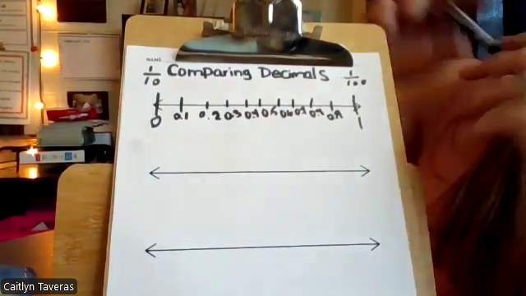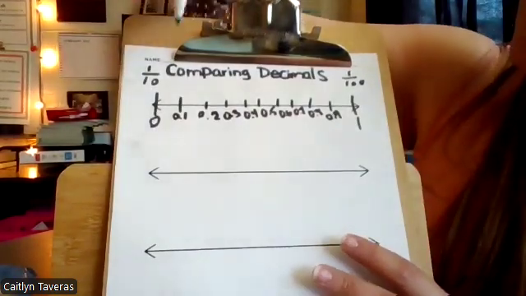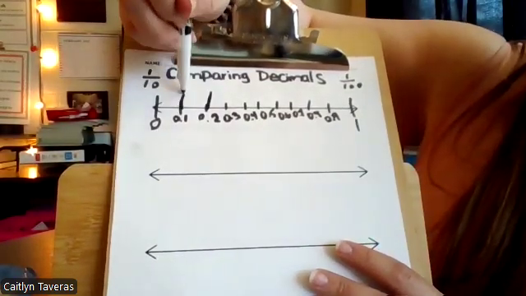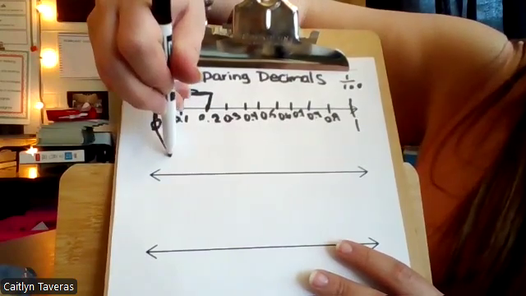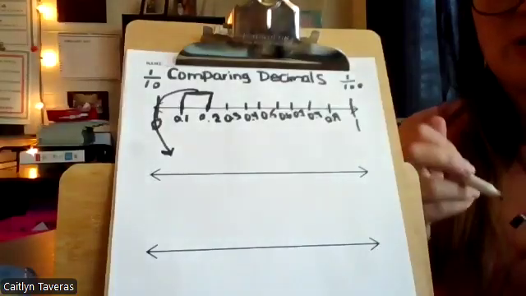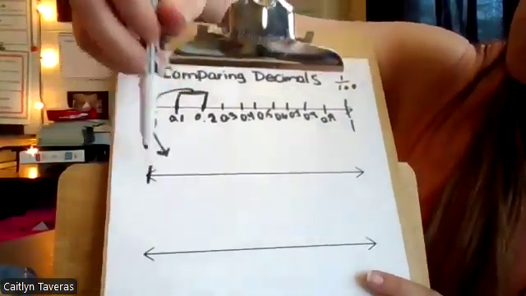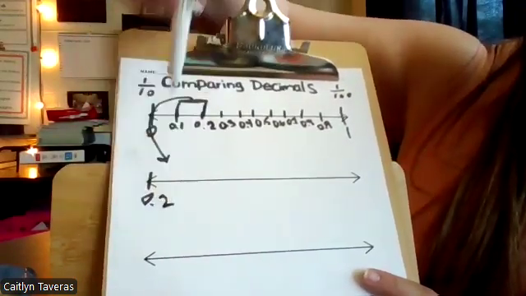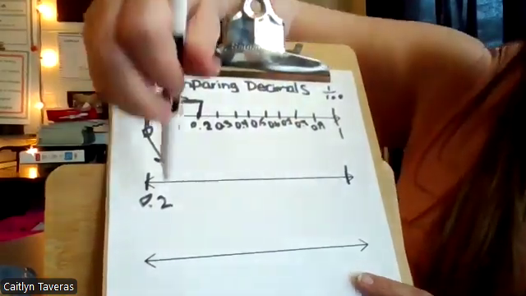But then we have times where we can look at even smaller decimal fractions. So let's say we're going to look at the area between 1/10 and 2/10 right here. We're going to do a closer look at that. So if we start with 1/10 right here and 2/10 right here. Oh, I definitely meant to say 1/10.